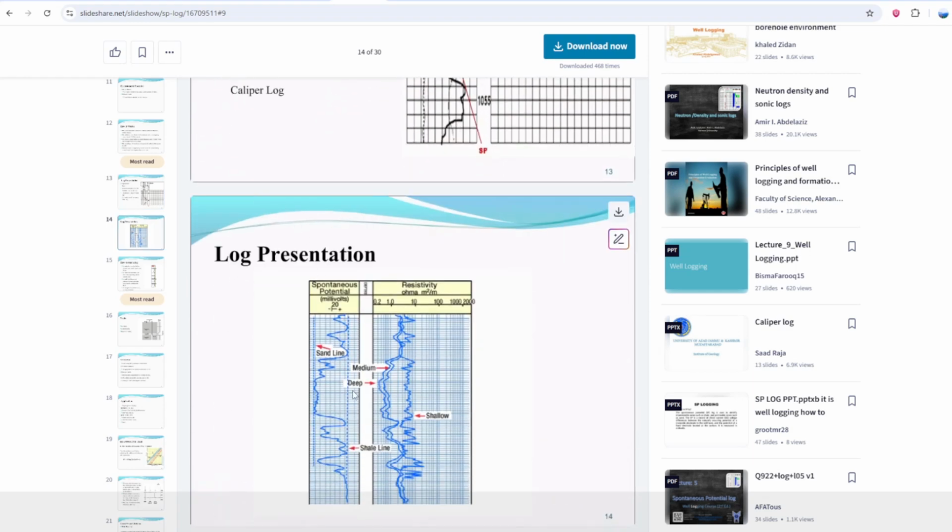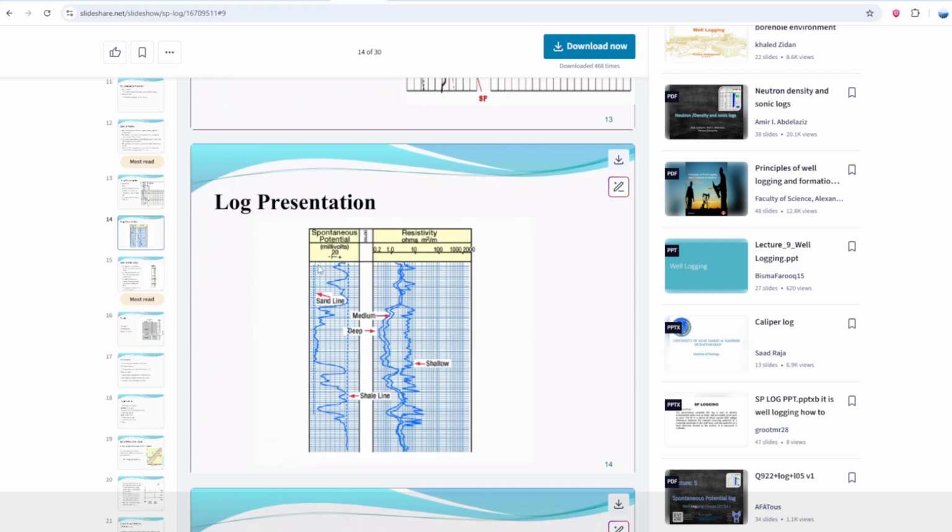Okay, so this is where it gets complicated, because the fluid makes all these things complicated. If you have fresh water, then your deflection is going to be, let's say, to the right for sandstone. But if what you have is brine, then your deflection is going to go to the left or something like that, right?